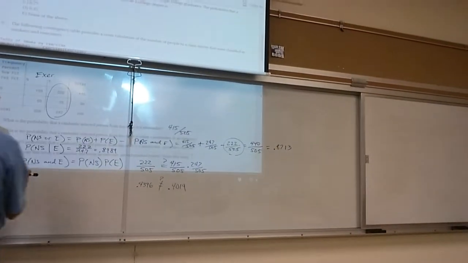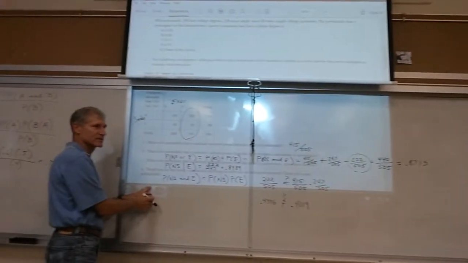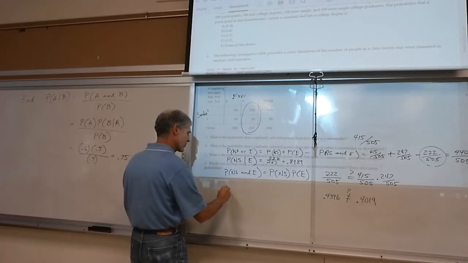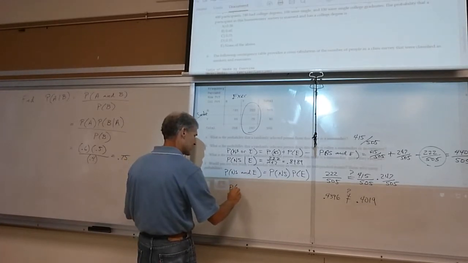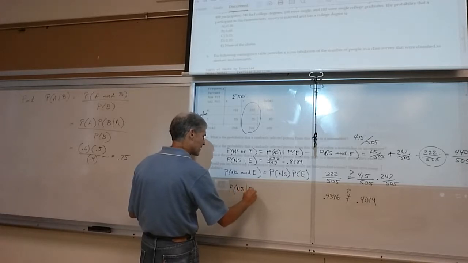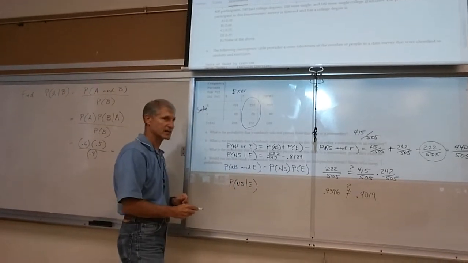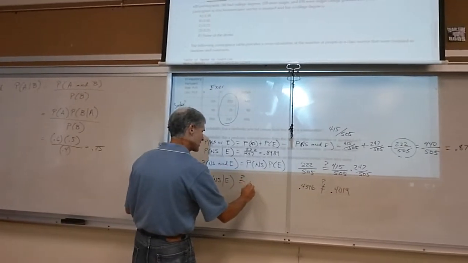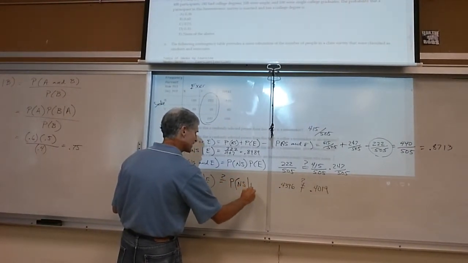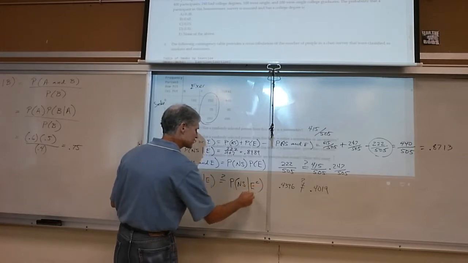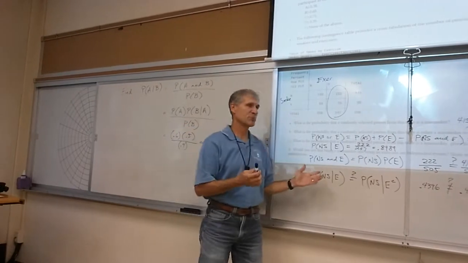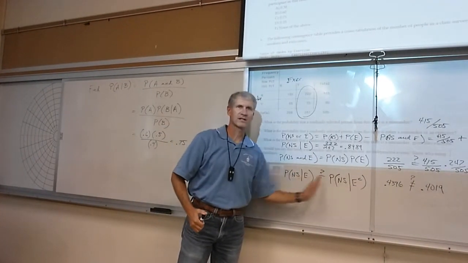There are other ways to check for independence. A really strong way, we won't work it out, but another really good way is: is the probability of not smoking conditioning on they do exercise the same as the probability of not smoking given they don't exercise? Because if they're independent, it shouldn't matter whether or not they exercise.